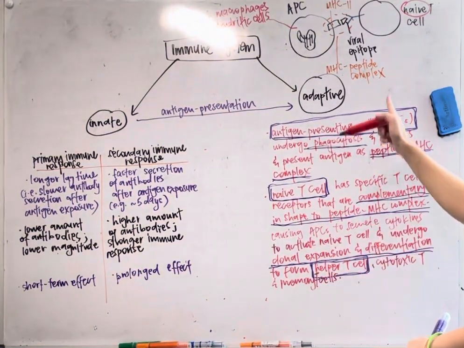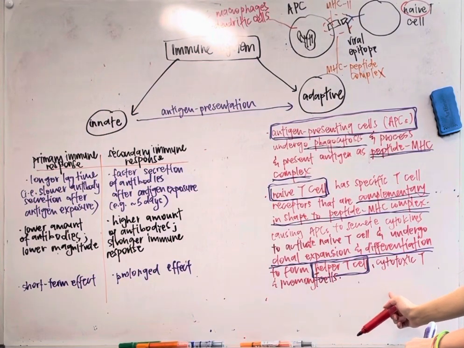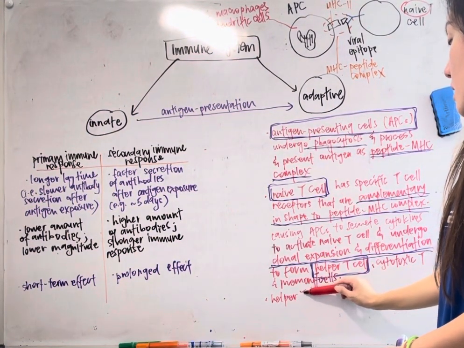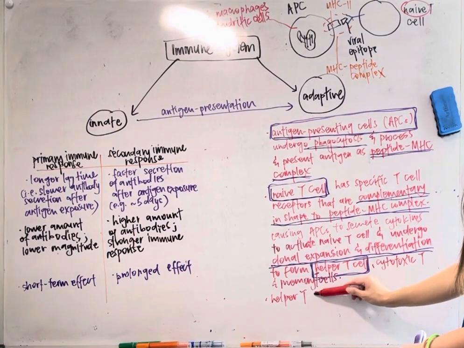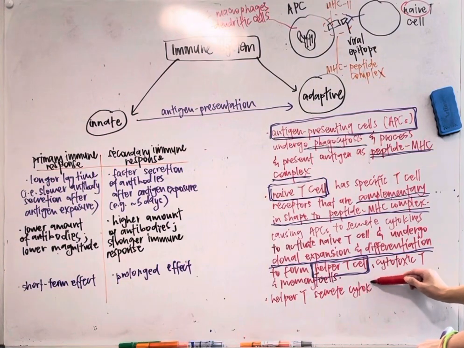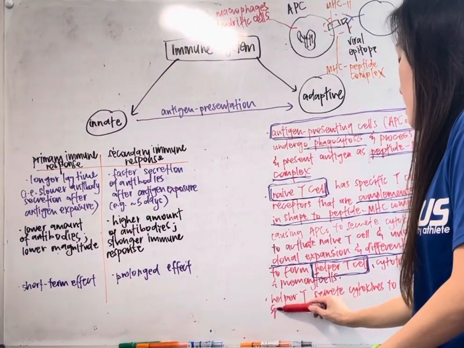After which, this one, we always need to describe, right? So helper T right now eventually is the one that will secrete cytokines to activate specific naive B cells.